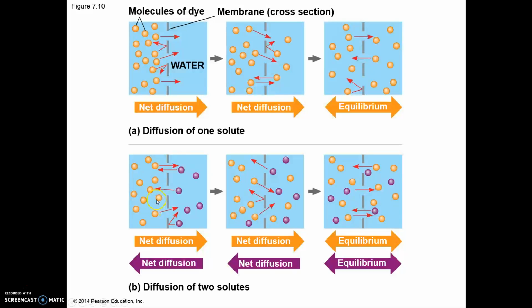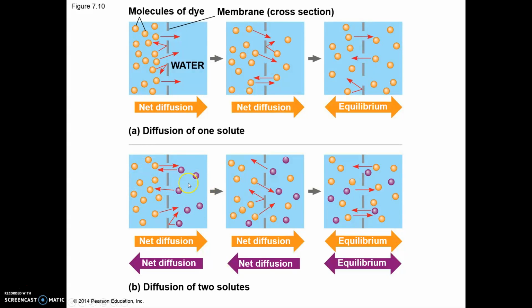So here we have a high concentration of orange and no purple. Here we have a high concentration of purple and no orange. So the orange molecules are very likely to actually pass through because there's a lot of chances for it to move over here, but no chances for a purple to move from here to here because there are no purple, right?